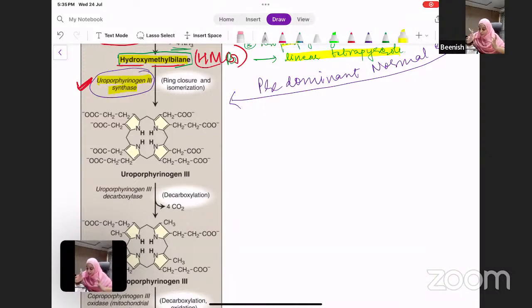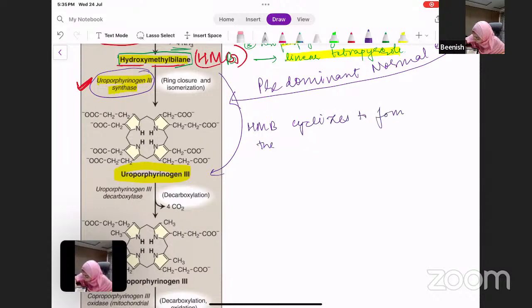Your linear tetrapyrrole cyclizes and isomerization takes place, and you end up with uroporphyrinogen 3. So your HMB cyclizes to form the first porphyrin, which is your uroporphyrinogen 3.